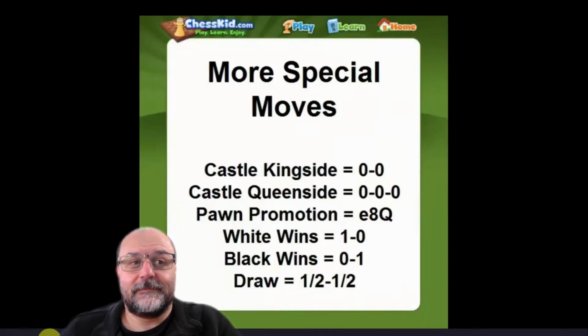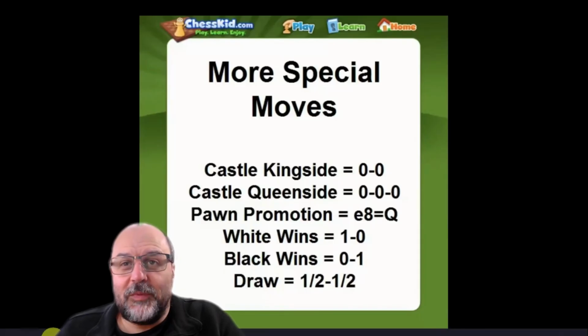When you promote your pawn, you write the name of the square, for example, E8, and then a capital letter for the piece that you want to transform into. So E8 Q. E8 is a queen. And you can also put an equals sign like this. E8 equals queen.